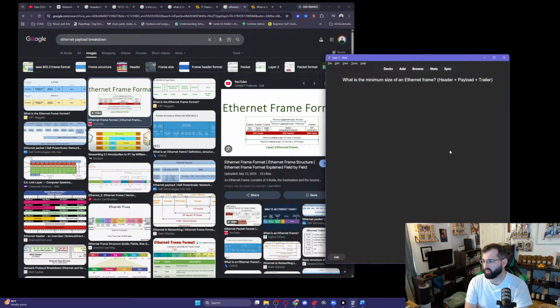What is the minimum size of an Ethernet frame? Header, payload, trailer. Now, this is not just the payload. This is the whole frame. Well, this says 64. It is 64. I'll be damned.